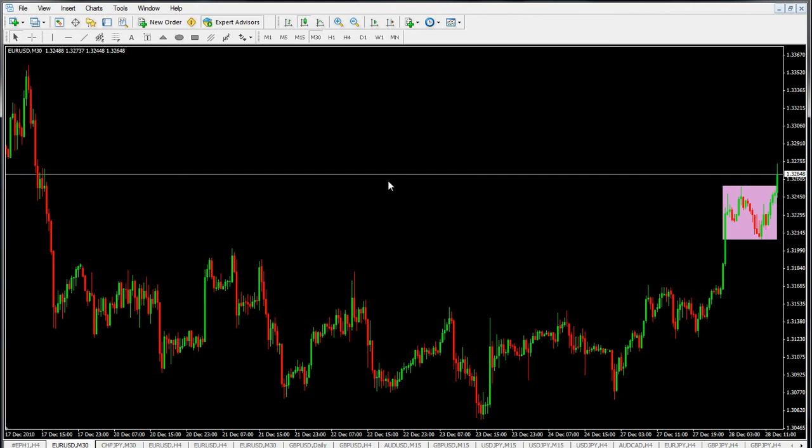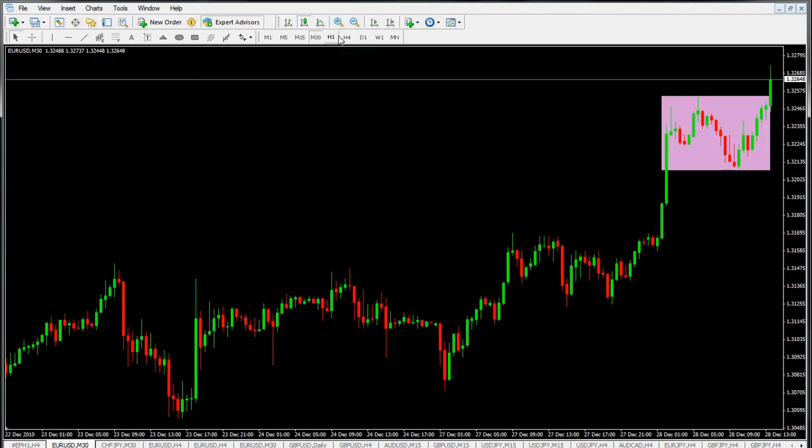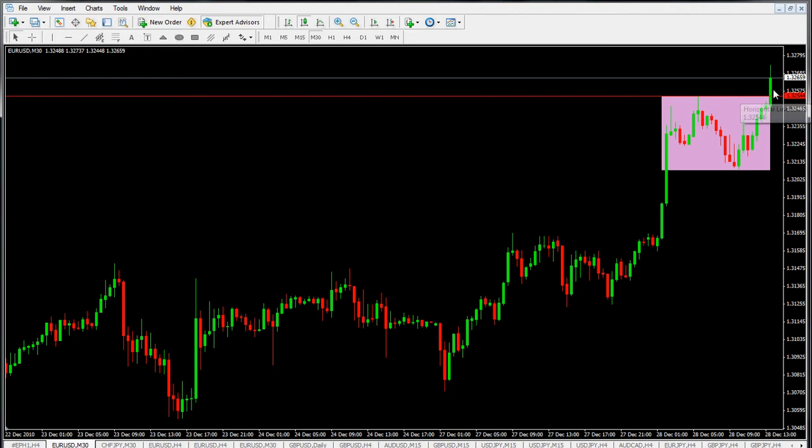So for example, we are looking at a 30-minute chart. Let's zoom in a little bit. The prices started to accelerate to the upside, so we would be interested in going long. So let's say after breaking out from this beautiful rectangle pattern, somewhere at this point we enter the market.